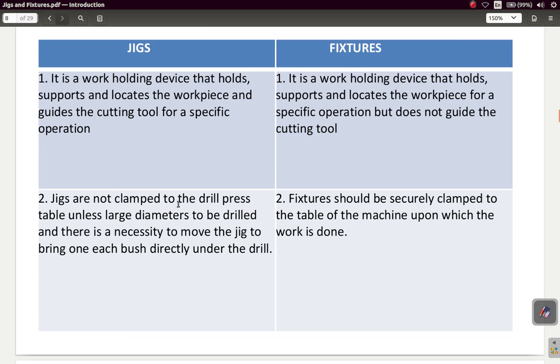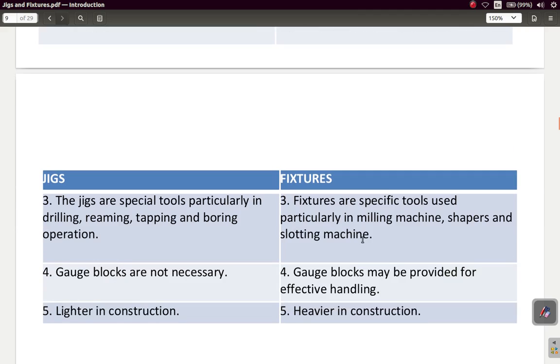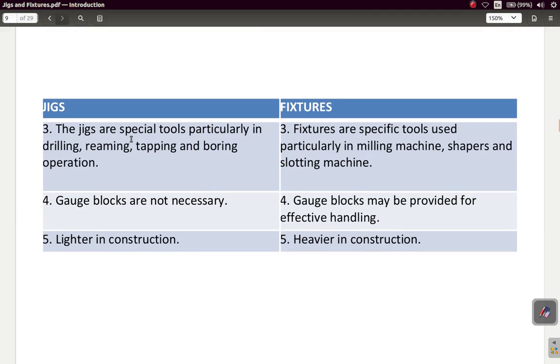Jigs are not clamped to the drill press table unless large diameters are to be drilled and there is a necessity to move the jig to bring each bush directly under the drill. The fixture should be securely clamped to the table of the machine upon which the work is done. No guidance, no movement. Jigs are special tools, particularly in drilling, reaming, tapping and boring operations.